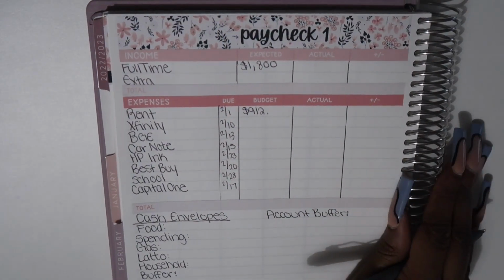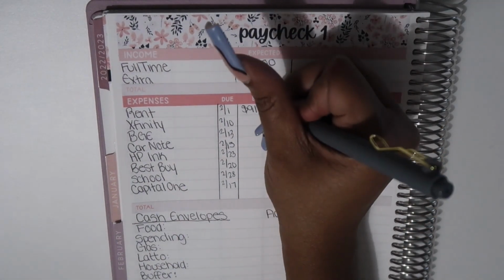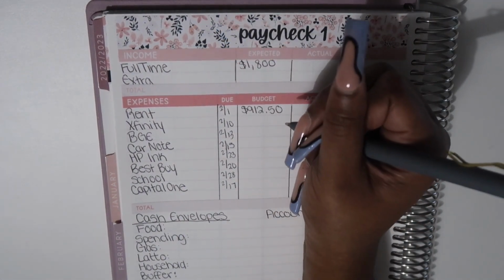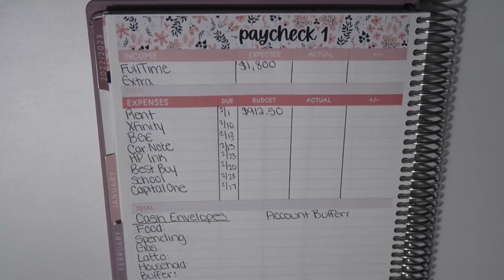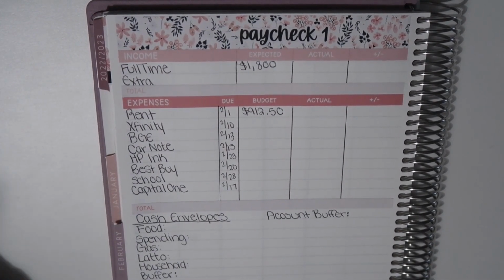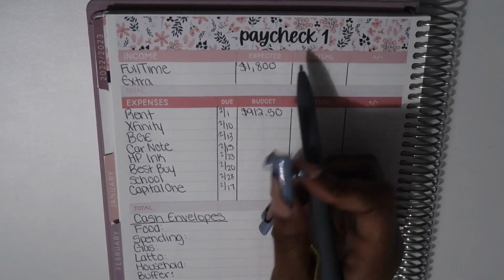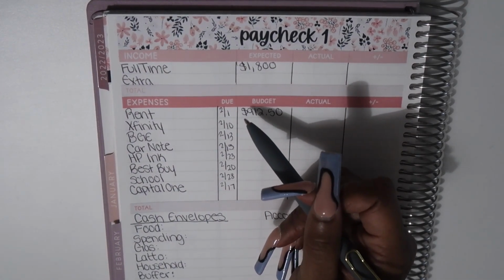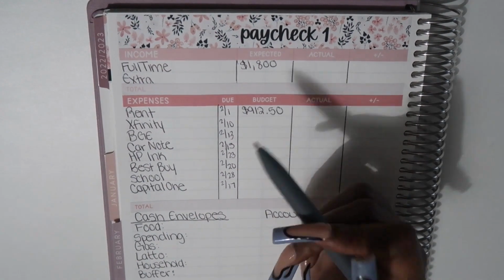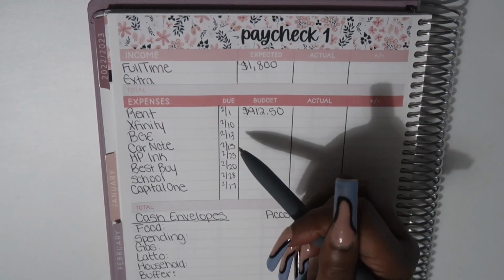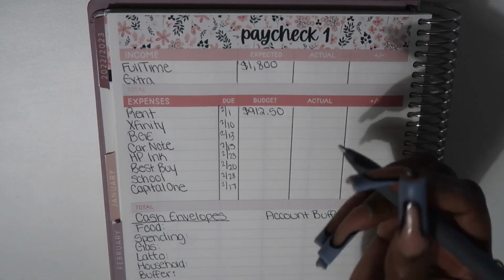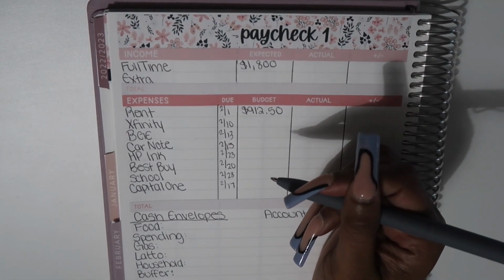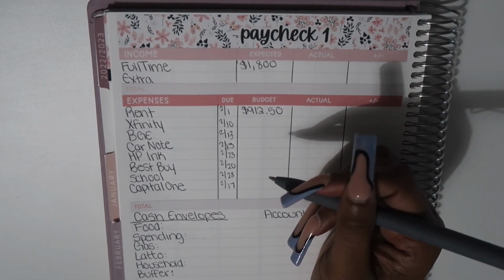So rent for this paycheck, we are going to be budgeting $912.50. Can you guys see? I hope. I had to zoom you guys out just a little bit. Xfinity. Now see, this is where I wasn't supposed to pay that Xfinity bill until this paycheck, because there was a little bit of a balance that I've just had to cover. So it's already been taken care of.